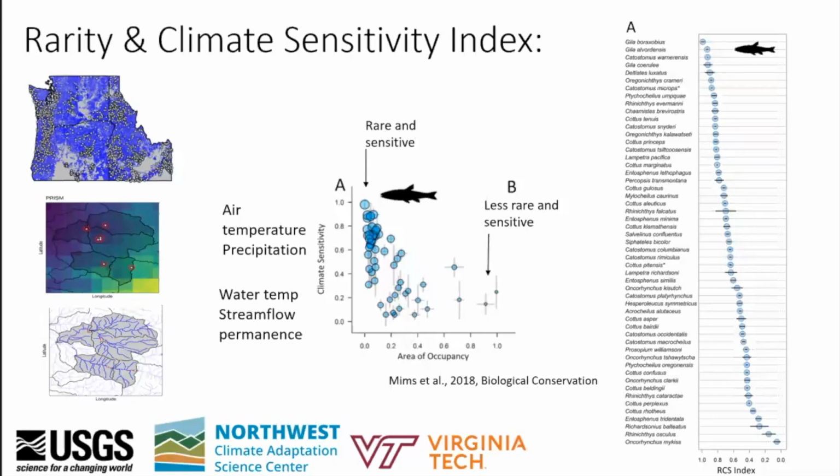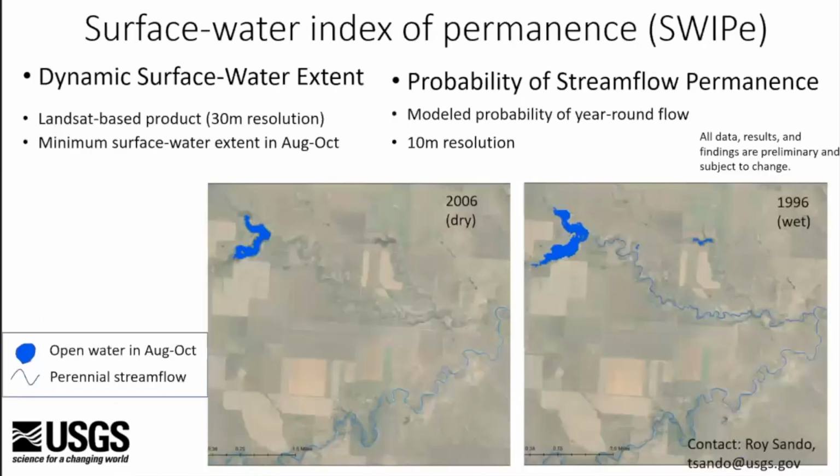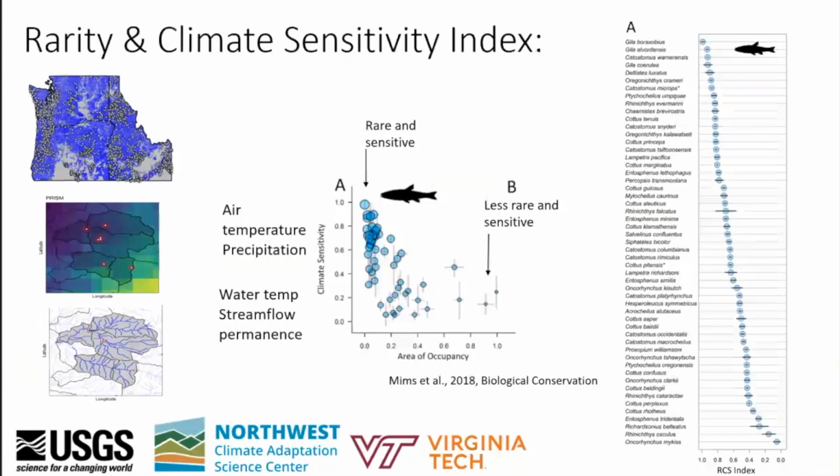And this is building on work that Meryl Mims, who came out of SAFS, had done while she was doing her postdoc with USGS, where she developed a rarity and climate sensitivity index, where she took observations and gridded data sets to develop an area of occupancy and climate sensitivity.